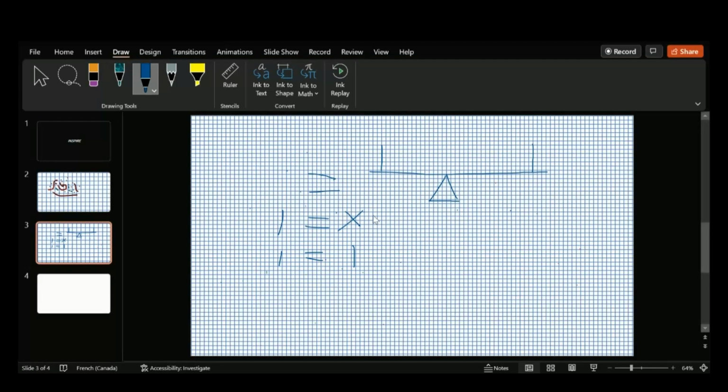Let's say we added plus 2. What would x need to be? Well, x would need to be, so here's 1 and here's 2.